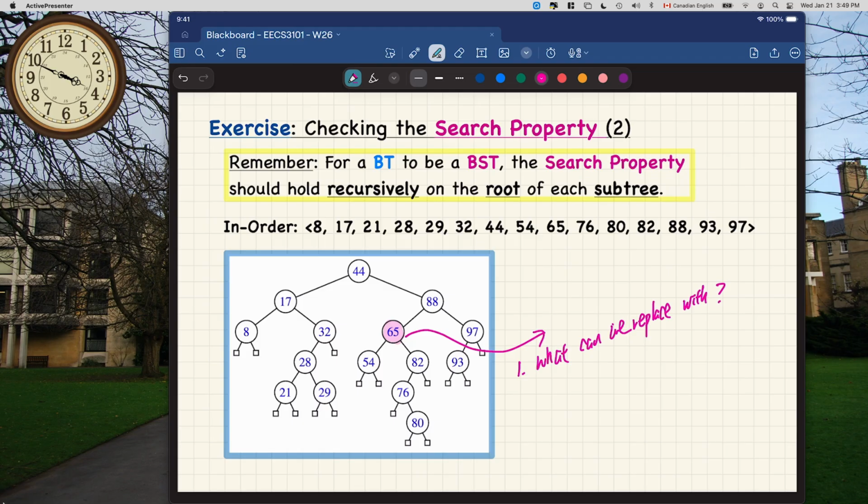And number two, can we replace it by 83? Two very simple questions, an exercise for you.